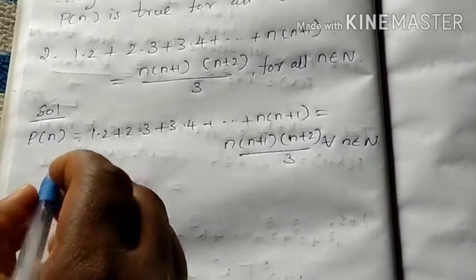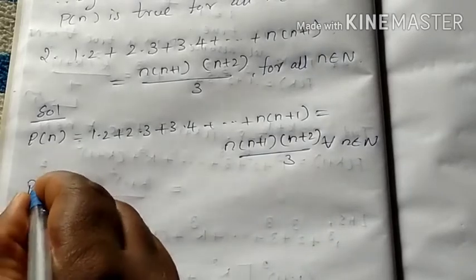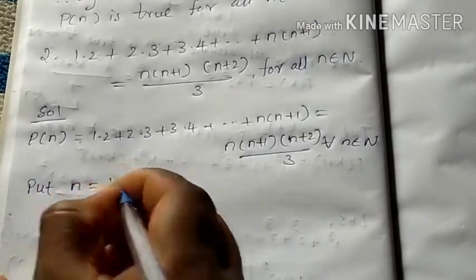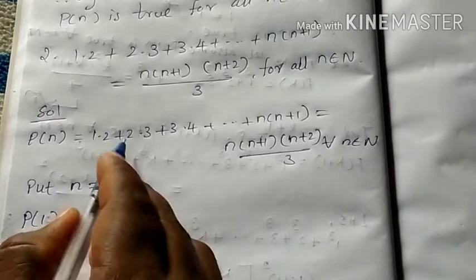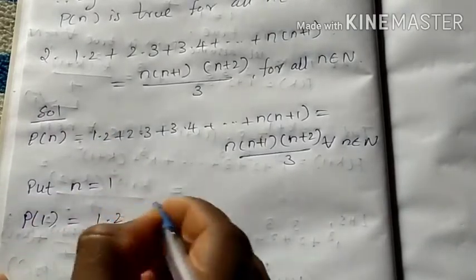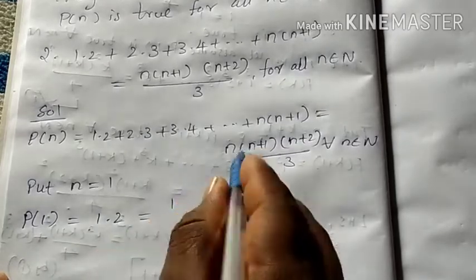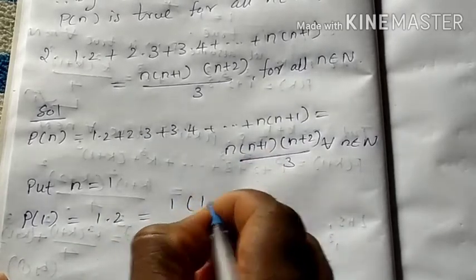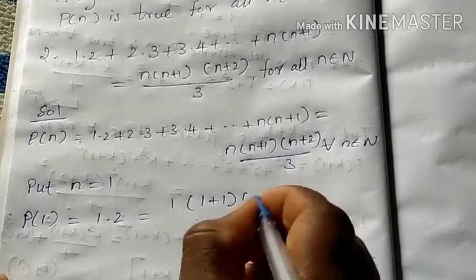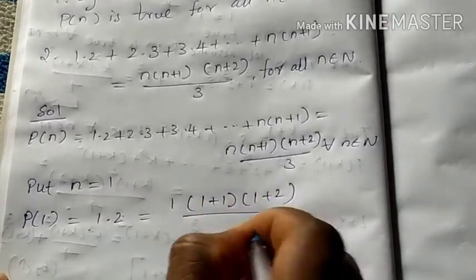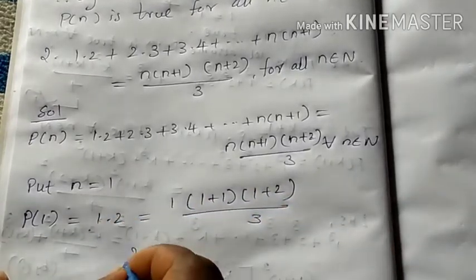Okay, next p of 1, put n equal to 1. So p of 1 equals the first term, so 1 into 2, equals the RHS side, put n equal to 1. So 1 into (1+1) and (1+2), the whole divided by 3. Okay, 1 into 2 is 2.